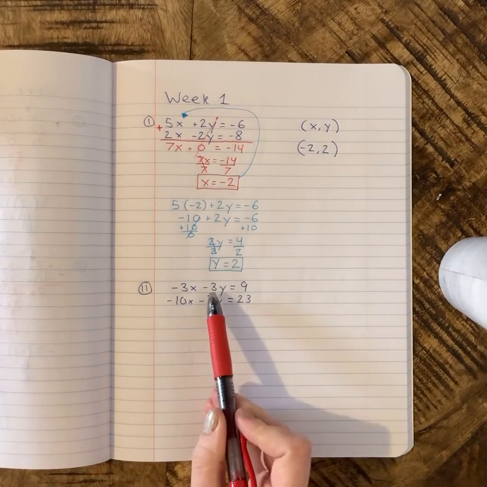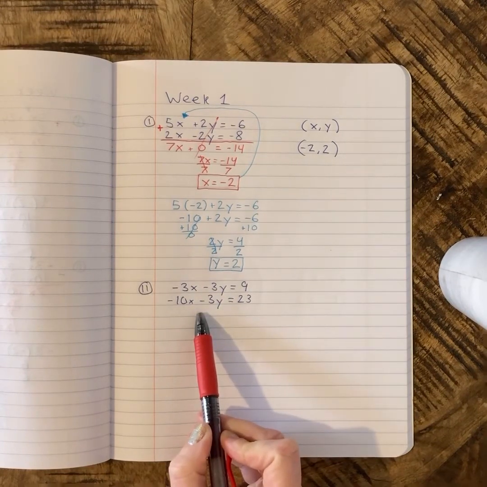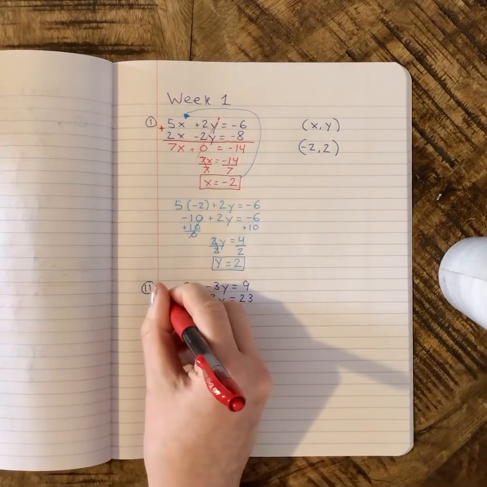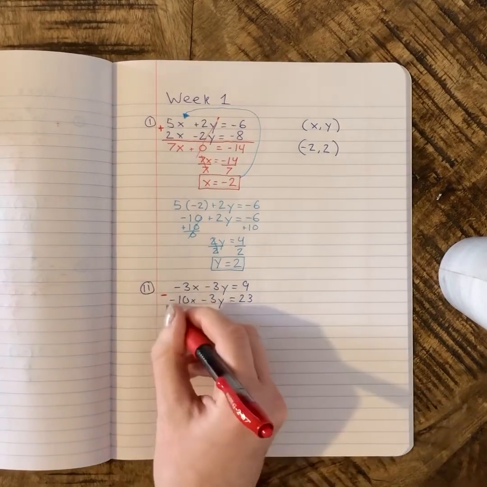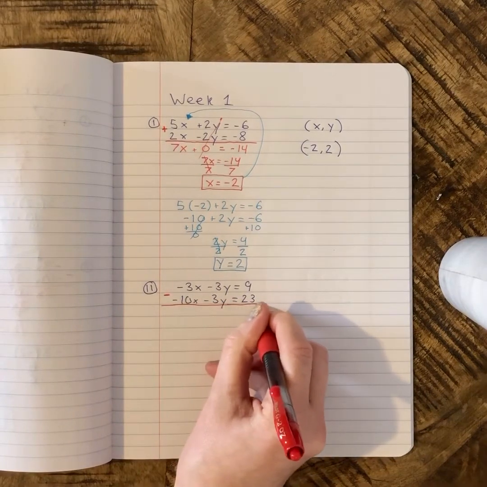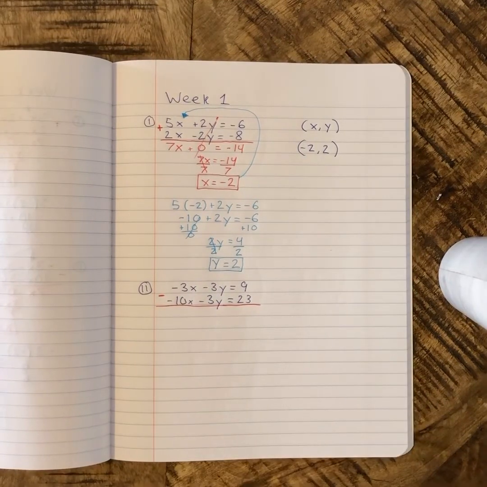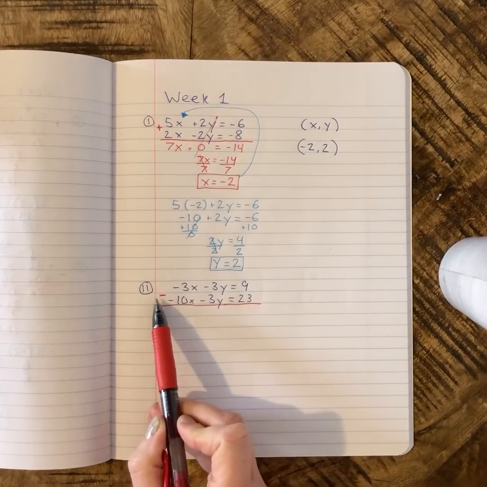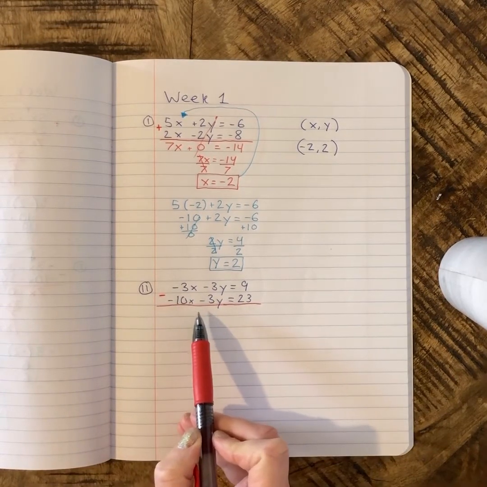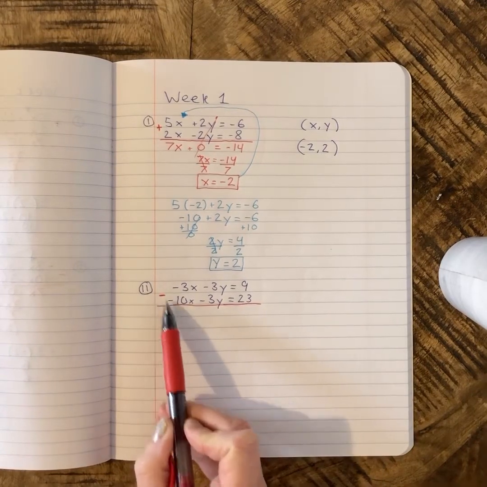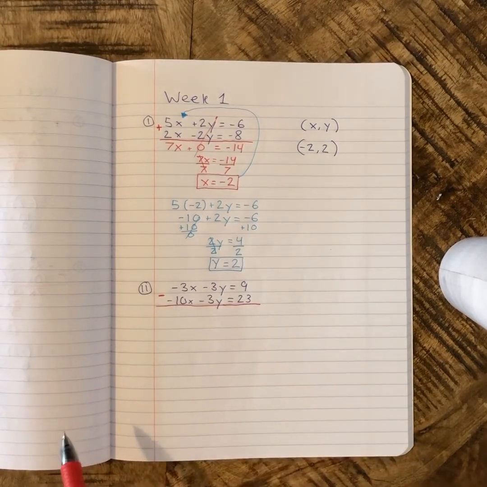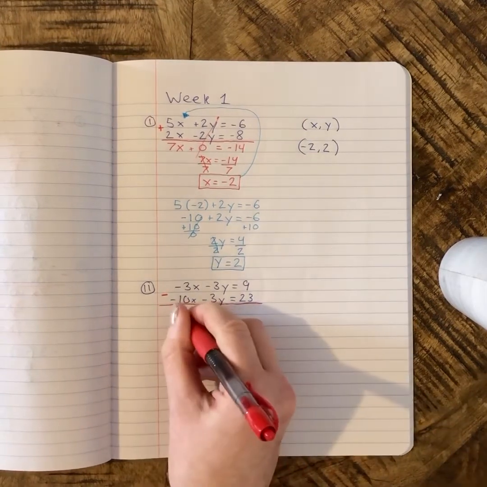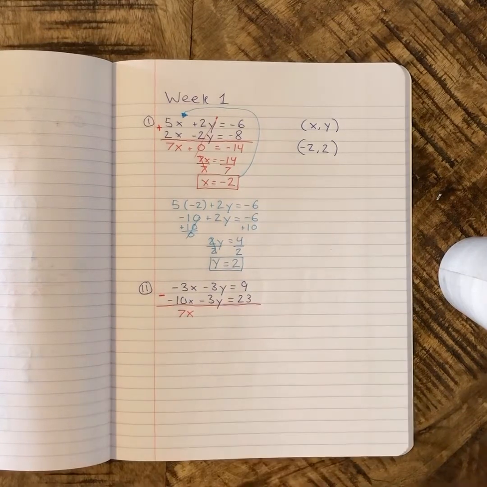But in order for like signs, if they're both positive or both negative, to eliminate, we have to use subtraction. So I'm going to subtract these full equations. We have negative 3x minus negative 10x. We have to be mindful that that double negative becomes a positive. This is really negative 3x plus 10x, which is going to give us 7x.